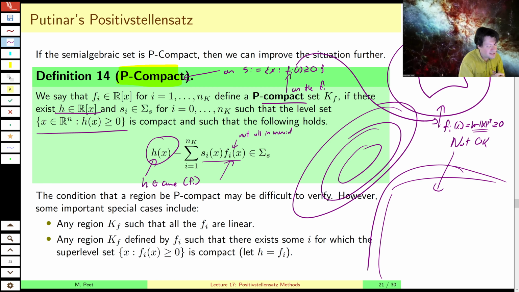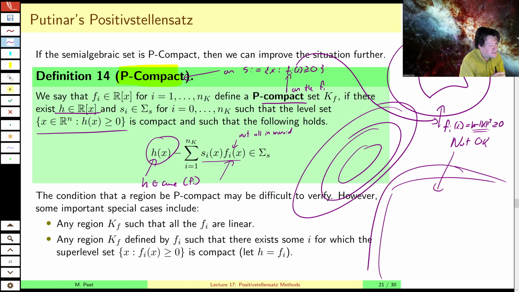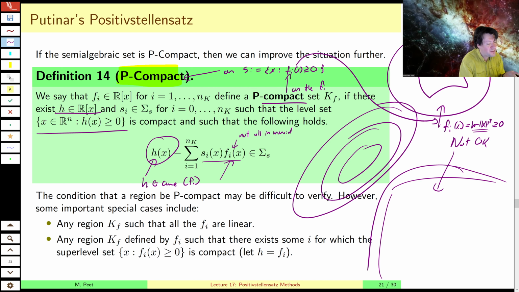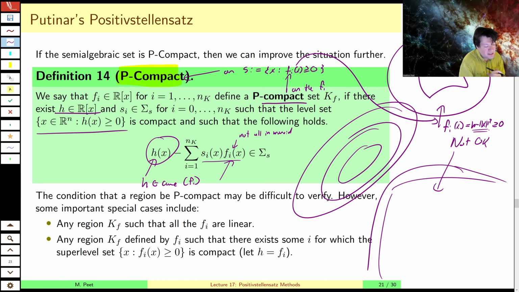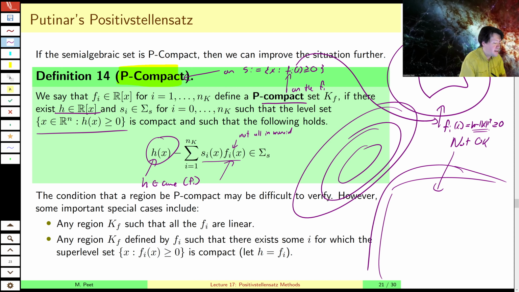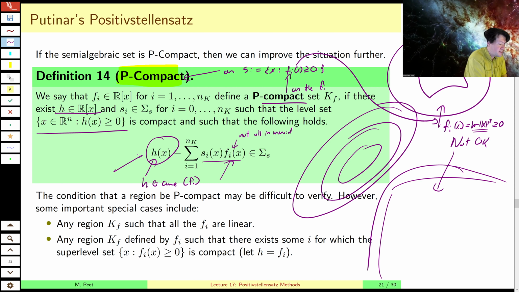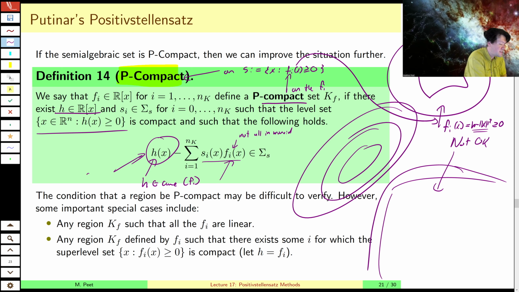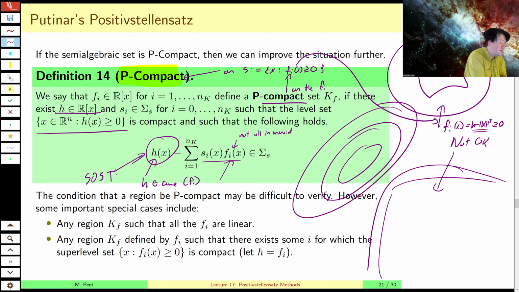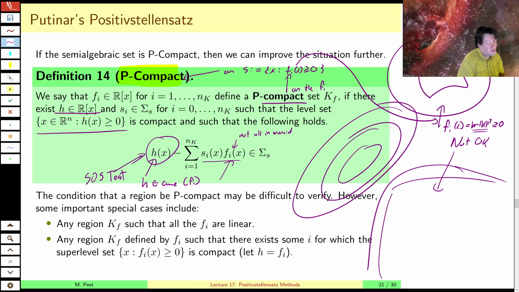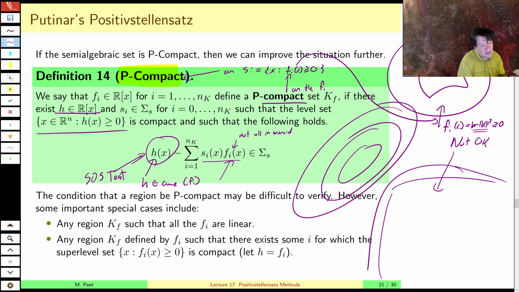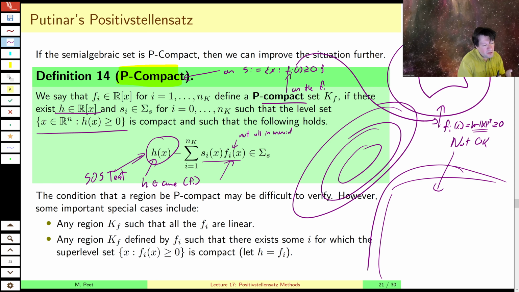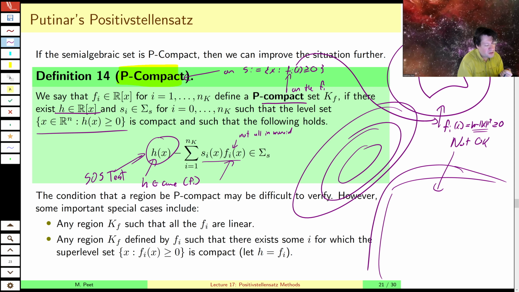However, it's challenging to verify whether a given set representation of your set is p-compact, and it actually reduces to an SOS test. You can test whether you're in the cone, and this is an SOS test. So given a representation, you can test whether it's p-compact, but that doesn't help you because what if it's not? The goal is to be able to create representations which are p-compact.